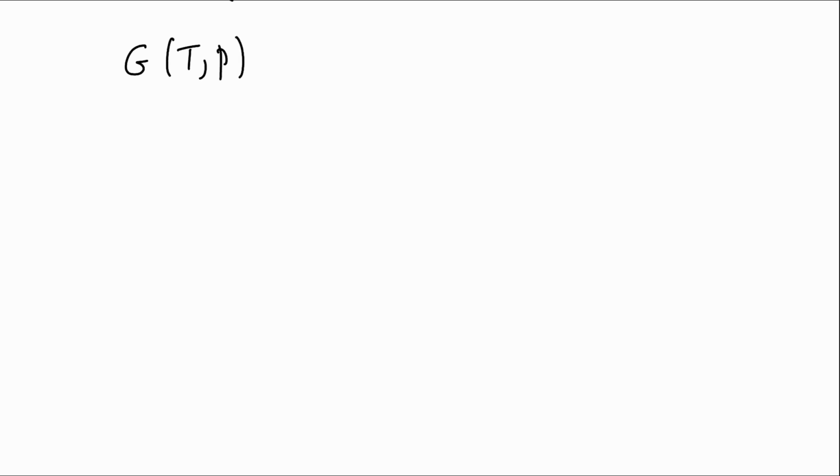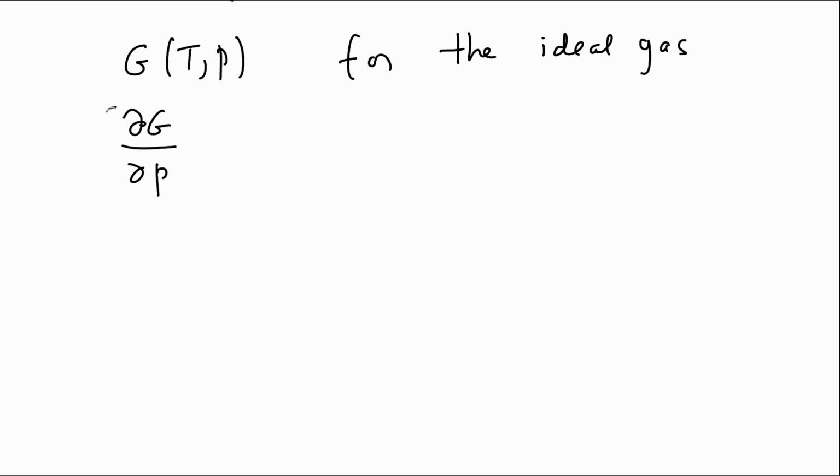So let's look at G of T and P for, I don't know, let's pick a system to look at. I know. Let's do the ideal gas. You guys know a lot about the ideal gas, at least I hope you do. So I know that partial G, partial P, at constant T is equal to V as a function of T and P, right?